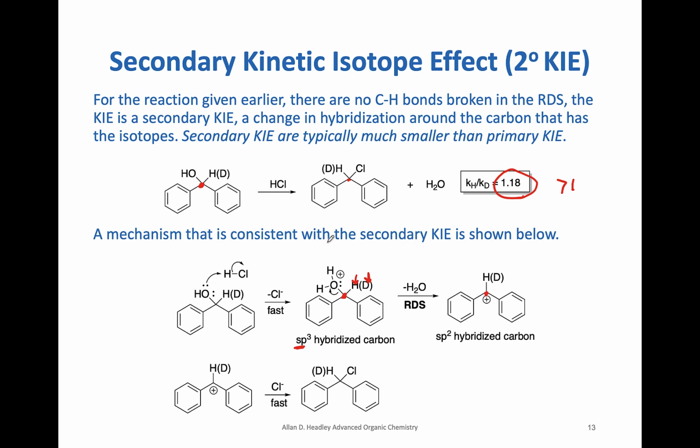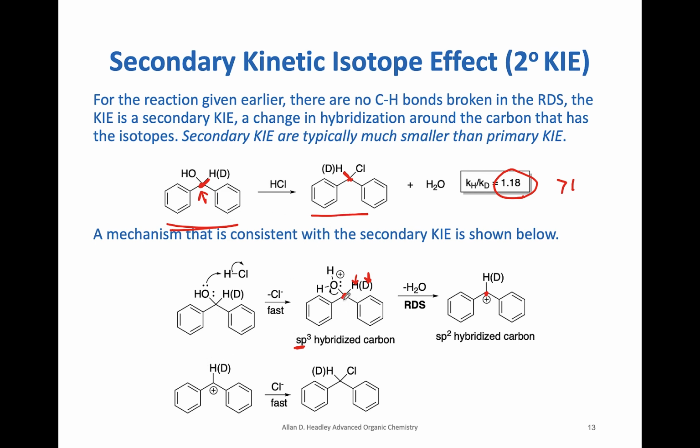So, conclusion from the slide. This is a reaction where the reactant goes to the product. For this reaction, the CH-CD bond is not broken, but there is a secondary kinetic isotope effect, which means that there is a change in hybridization in the rate determining step as the reaction proceeds from reactant to product. And here's the mechanism.